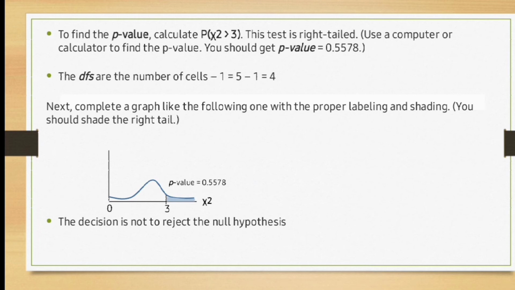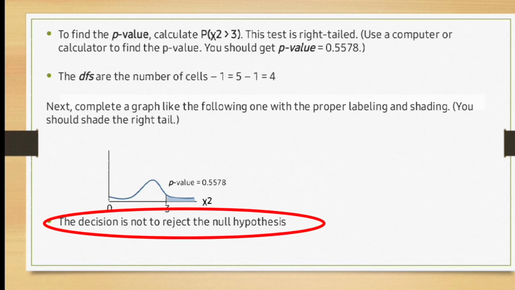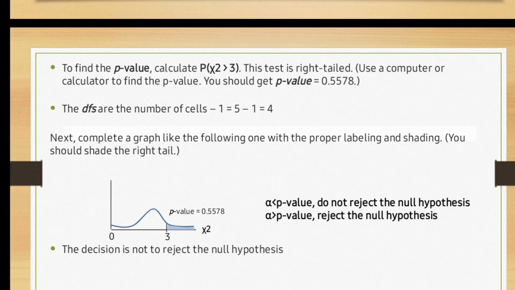And the decision for this is not to reject the null hypothesis. It is stated here that if the level of significance is less than the p-value, then we should not reject the null hypothesis. However, if the level of significance is greater than the p-value, then we should reject the null hypothesis.